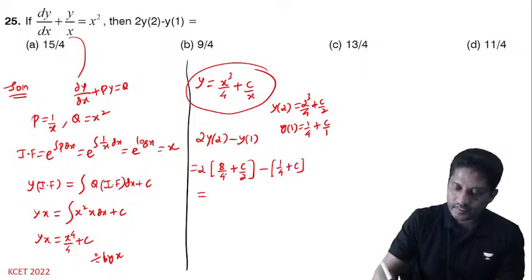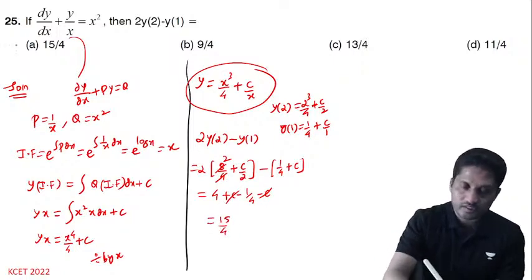If you open the bracket, you will get 4 plus c by 2 minus 1 by 4 minus c, which is 15 by 4. Answer is option A.